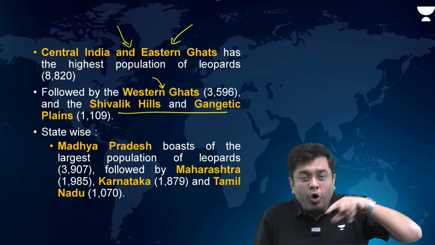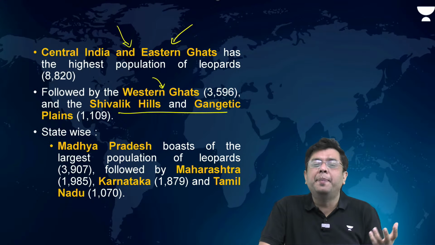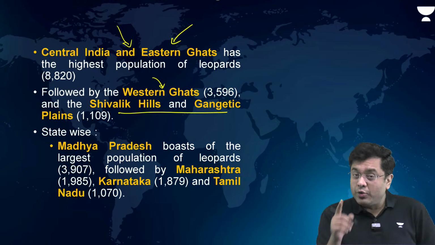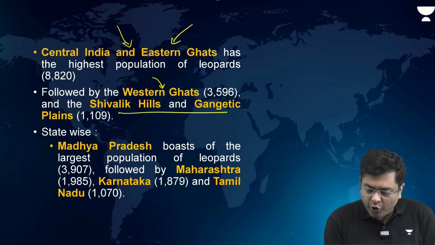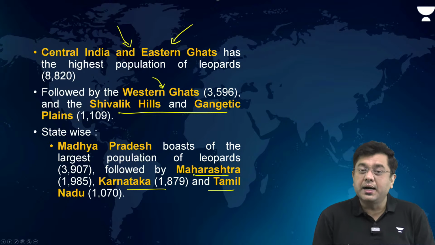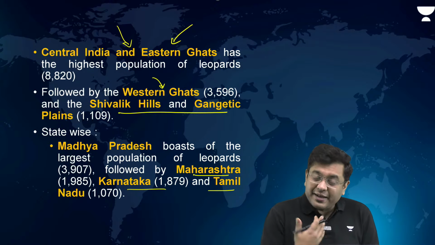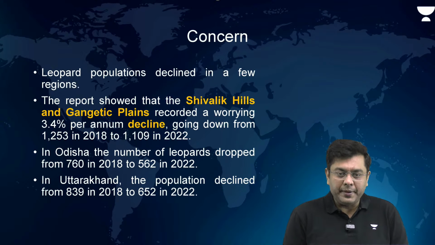That is why you will often find leopards having an incursion into the urban habitat and the urban spaces. So state-wise, again important, Madhya Pradesh has the largest population, followed by Maharashtra, Karnataka and Tamil Nadu. The southern states. That is where you will find more man-animal conflict also happen.